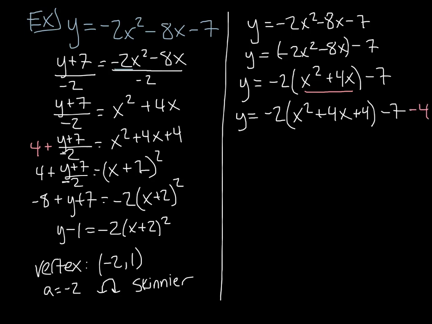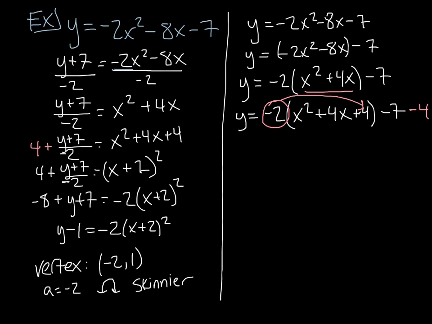But there's a little trick here, and it has to do with this, okay? So if I were to distribute this -2 through, I would see that I've actually subtracted 8 from the inside, because the -2 is going to multiply by the 4 to give me a -8.